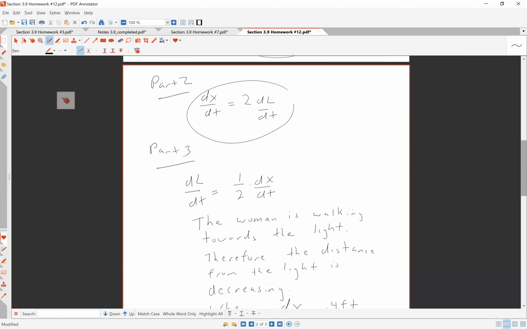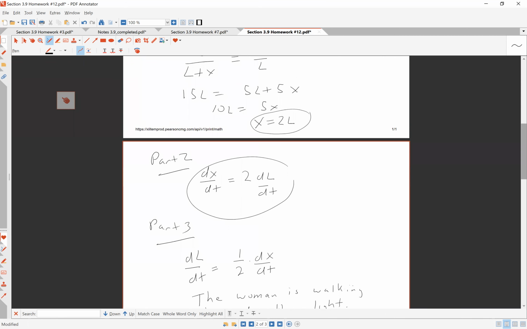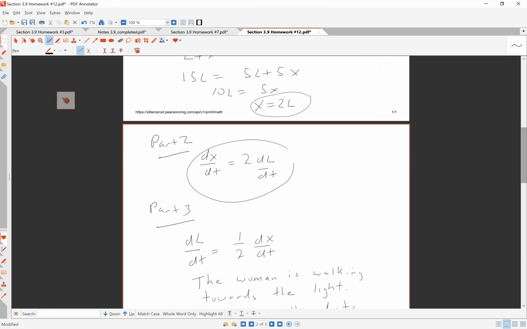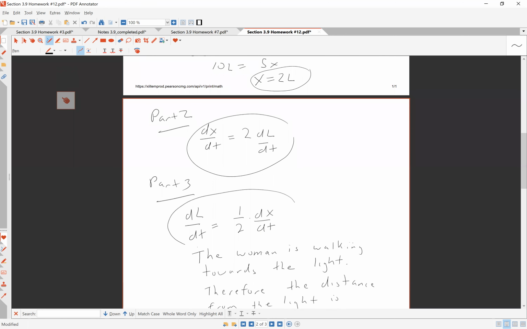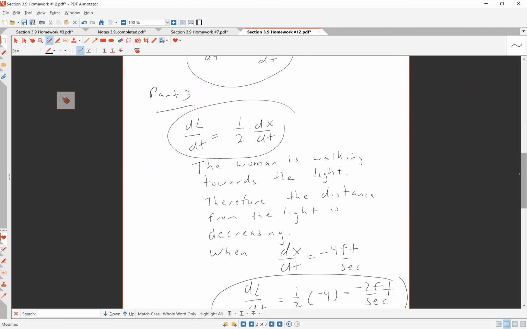So we found that relationship with the similar triangles: the distance of the woman from the light is twice the length of her shadow. So the rate of change of the distance from the light is twice the rate of change of the length of the shadow, or just solve for dL/dt. The rate of change of the length of the shadow is 1/2 times the rate of change of the woman's distance from the light. The woman is walking towards the light, so the distance from the light is decreasing.